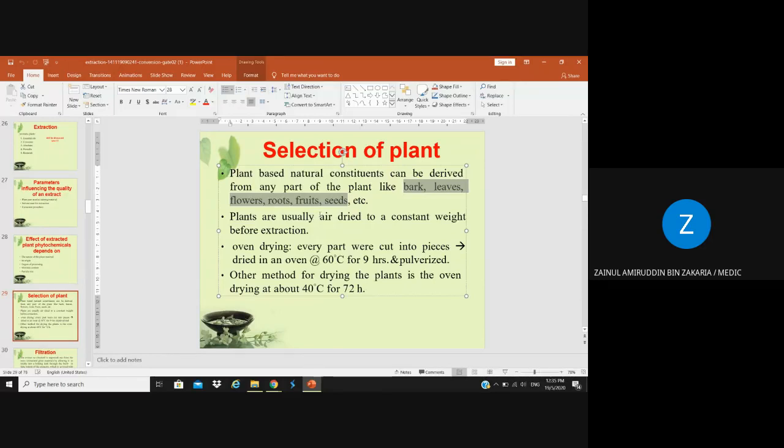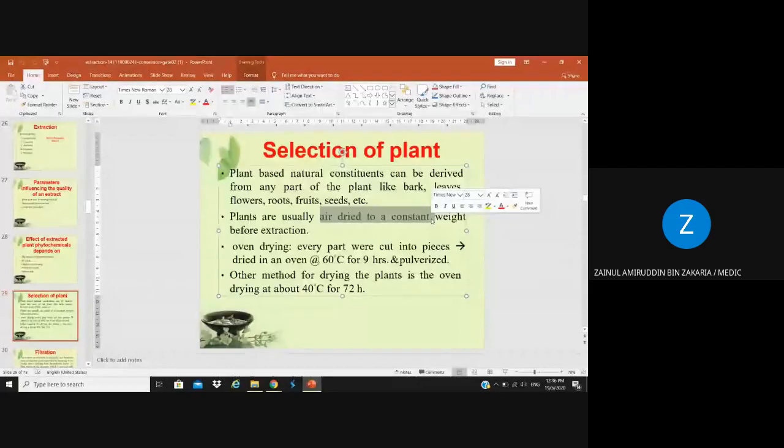Then normally they are air dried until constant weight, because you need to dry it under shade. Okay? You air dry it under shade. Normally, like for my students, or most of the students, they dry it in the laboratory. On the floor, they put newspaper and put the plant on the floor.